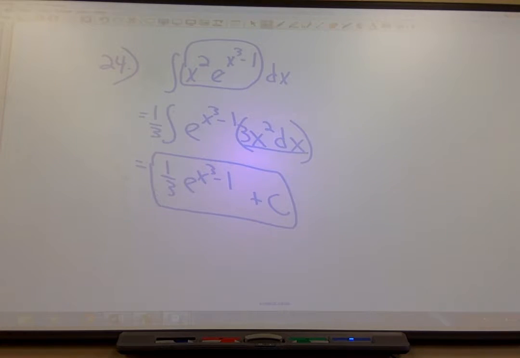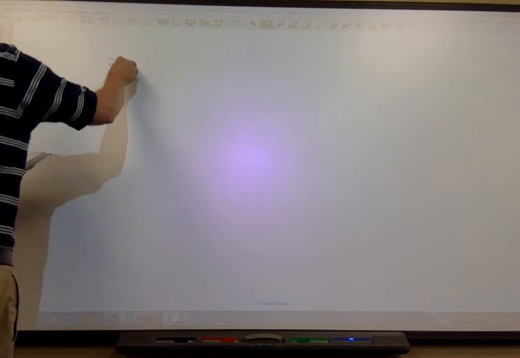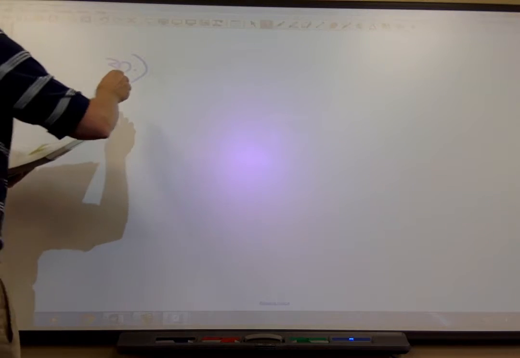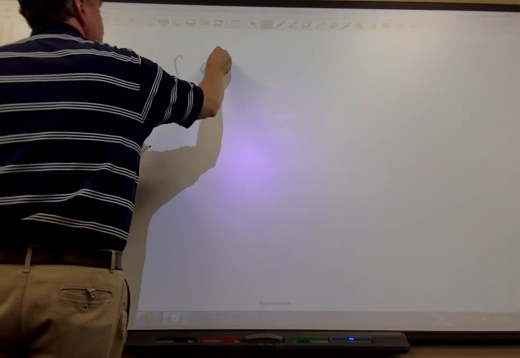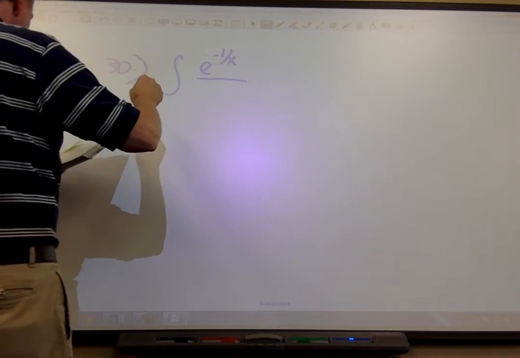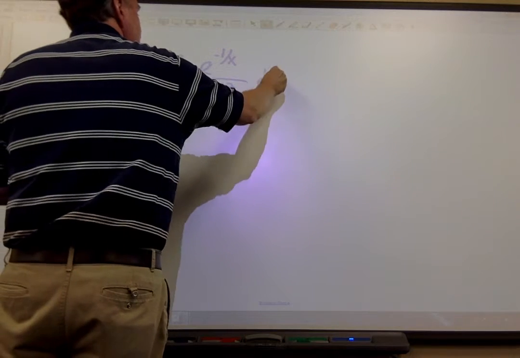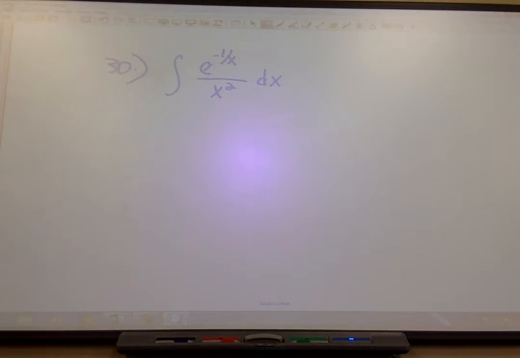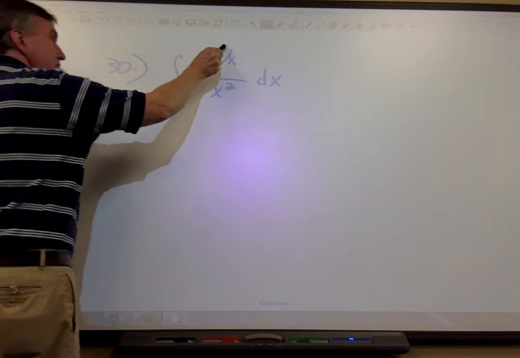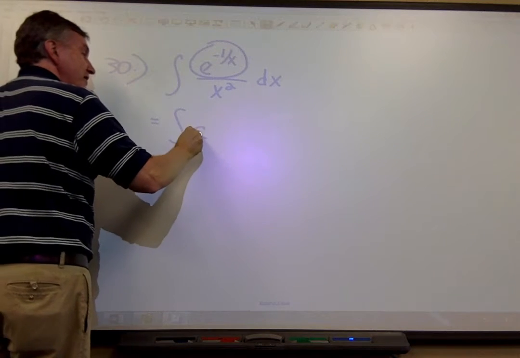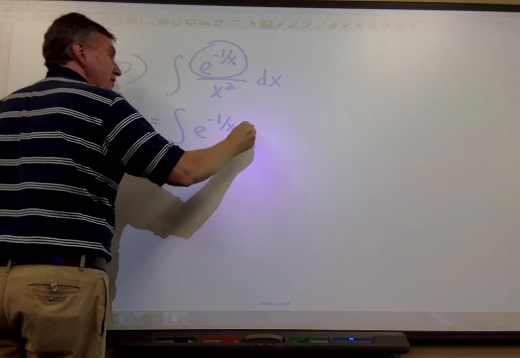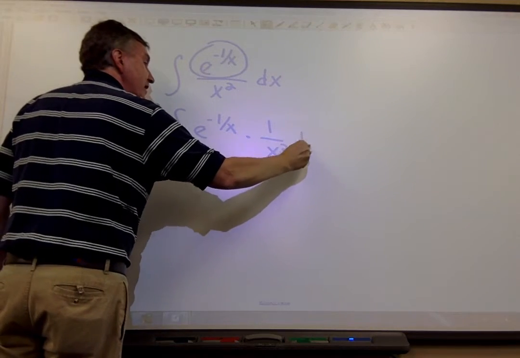I think we should do 30 just to show you that it could get a little hairy. 30 is e to the negative 1 over x over x squared dx. What's your main function there? That's my main function. What if I just rearrange it then and say e to the negative 1 over x times 1 over x squared dx?